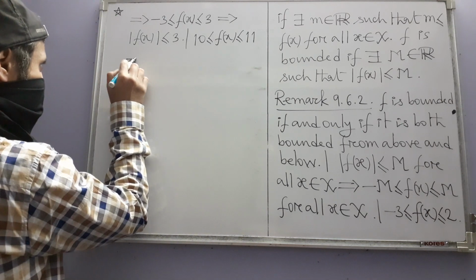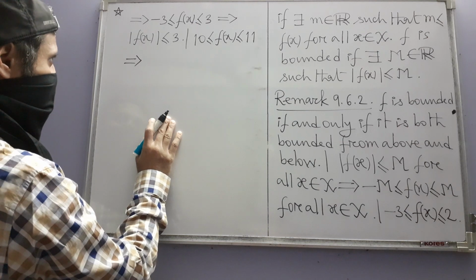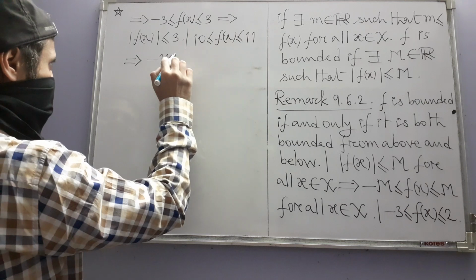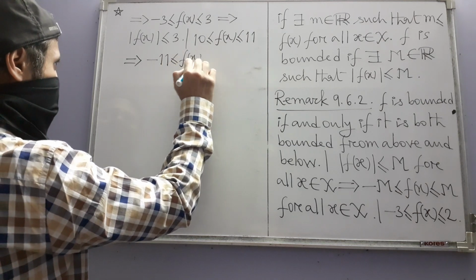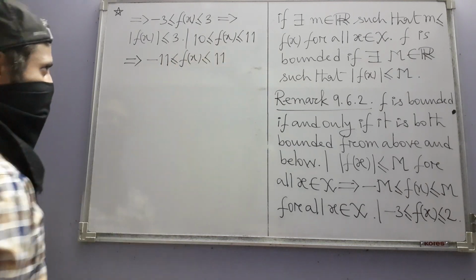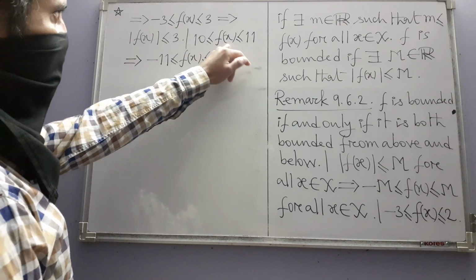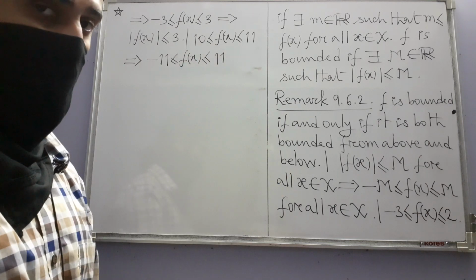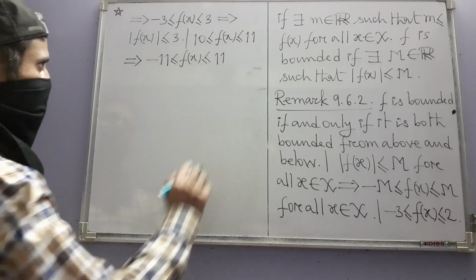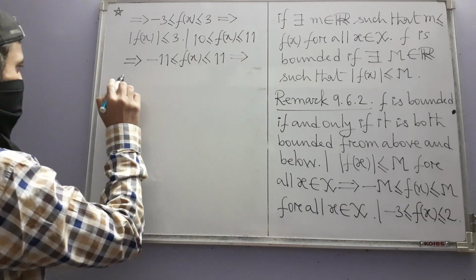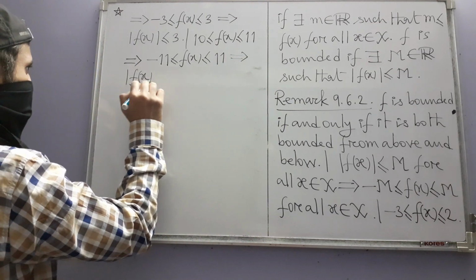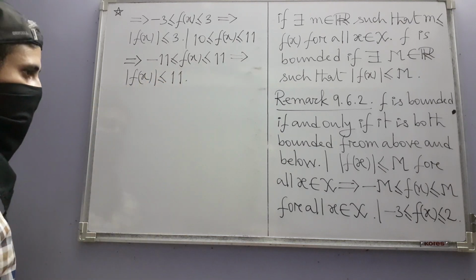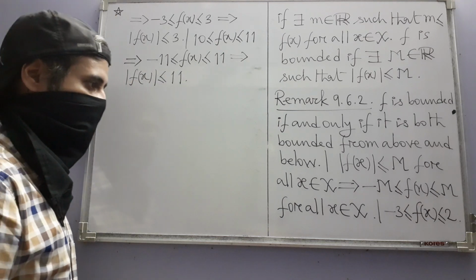But if you think of it a little bit, you will see that these inequalities imply this as well. If the f values are at least 10, then of course they are greater than or equal to minus 11, definitely. And that implies this. So here also we have found one such f.